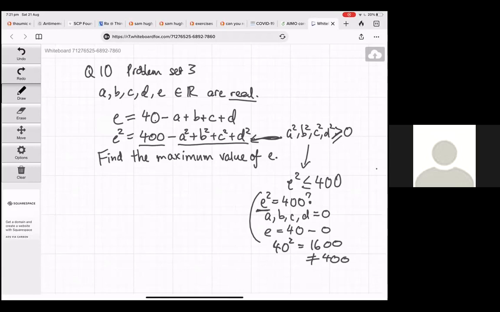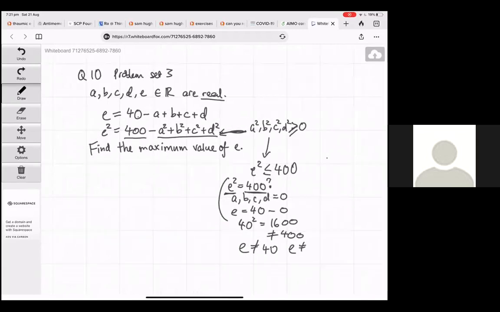And E squared is supposed to be 400. So that means that E cannot equal the square root of 400, because that's the case we were starting with. So that means E is less than 20, which is the square root of 400. Okay, so we've got E less than 20.